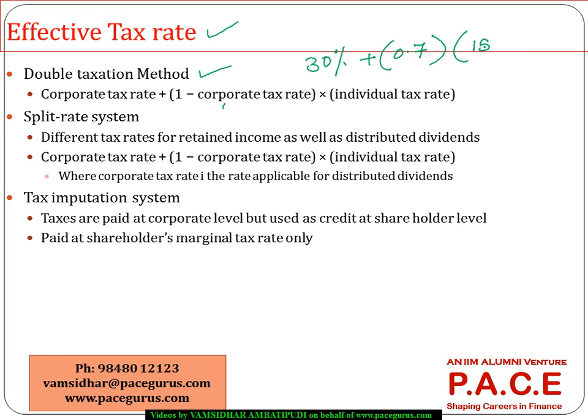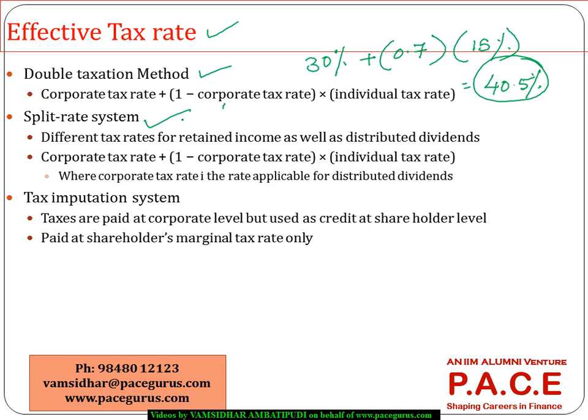On that the individual is paying another 15%, resulting in the overall tax rate that he is paying of around 40.5%. Of course, the company is paying 30%, and when it comes to the individual, he is paying 15% on it, overall resulting in 40.5% as the overall tax rate in case of a double taxation system.